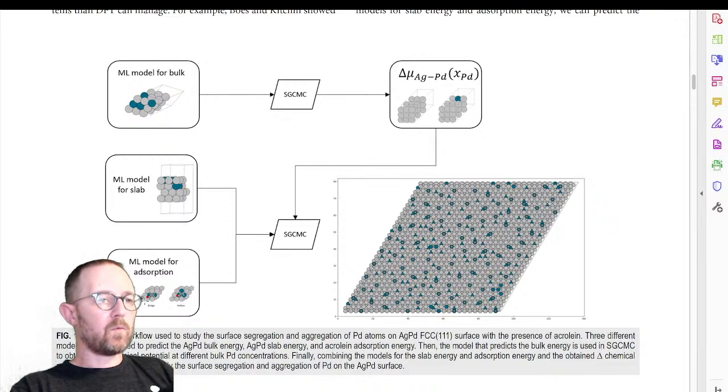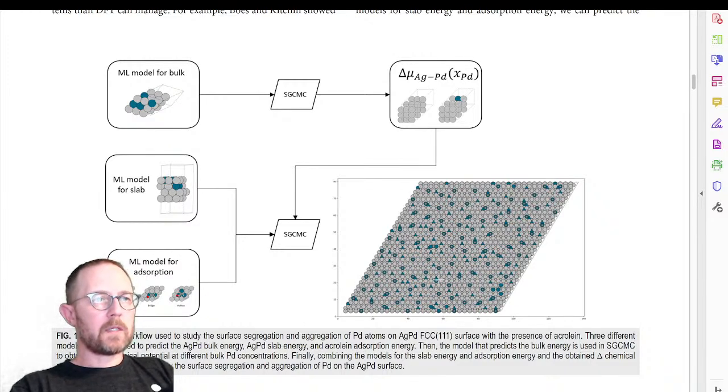So we need a way to estimate the change in energy from adsorption, the change in energy from this exchange, and when we combine them, the net effect on the configuration. If that's an efficient process, then we use Monte Carlo, and we can run thousands and thousands of steps to find the most likely configuration.